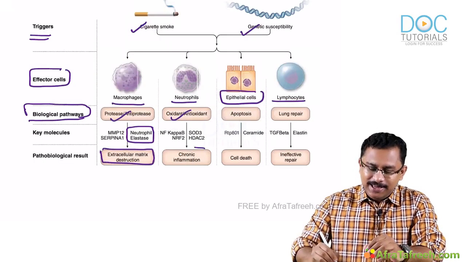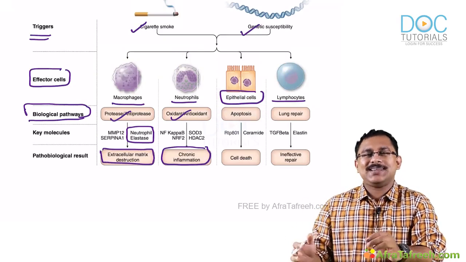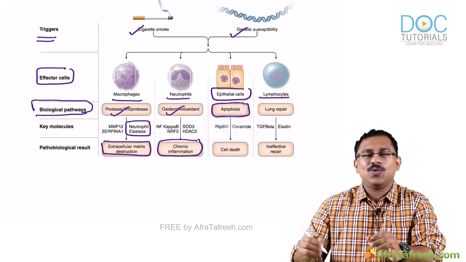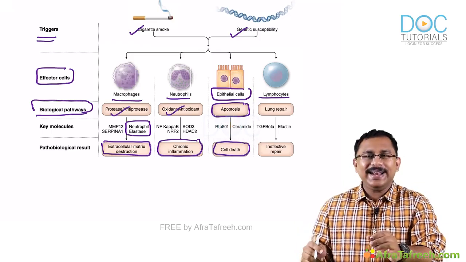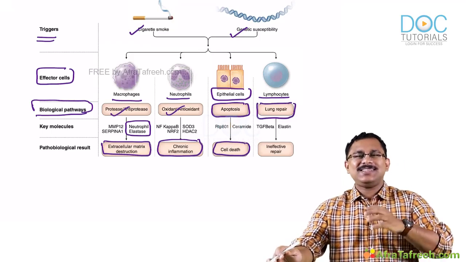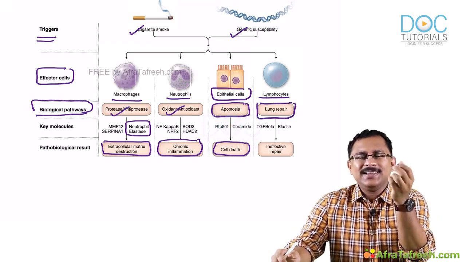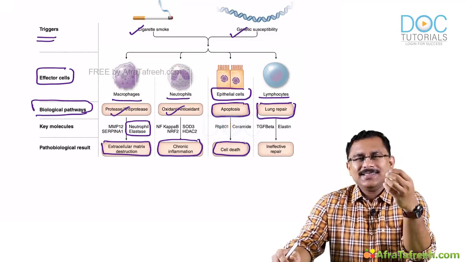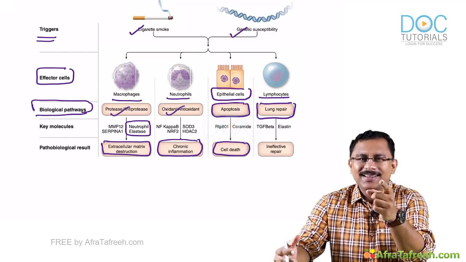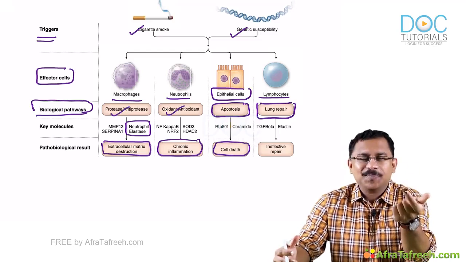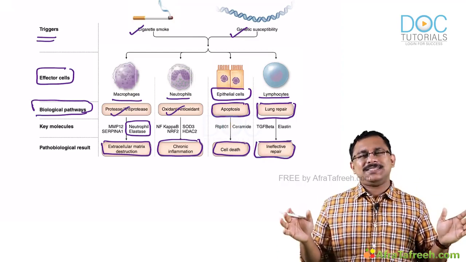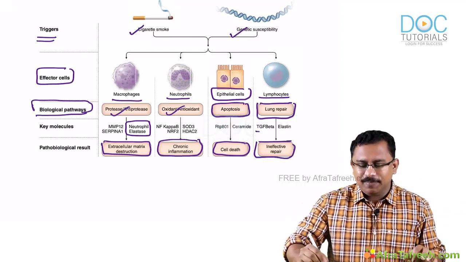The oxidant damage also results in chronic inflammation. The epithelial cells also undergo apoptosis, so there may be cell death. And whenever there is some destruction of the cells, some dilatation, some inflammation, the body will try to repair, correct? So the lungs will attempt a repair, but often there is an ineffective repair.